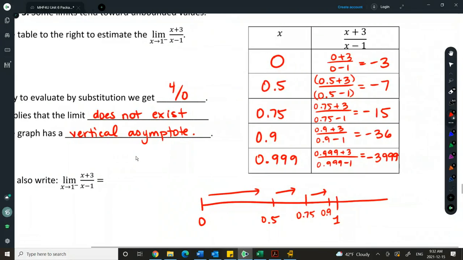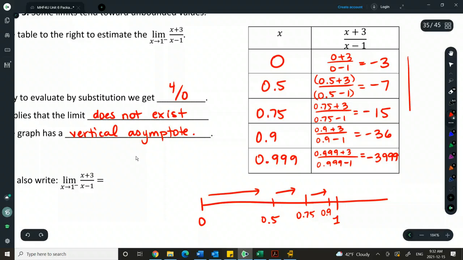If I were to keep going here, what do we notice about the trend that's happening? It's not converging toward any single number. But if I were to add a couple more 9s on the end of this, what do you suppose might happen based on what you see in the chart? The number will keep getting larger, but in the negative direction.